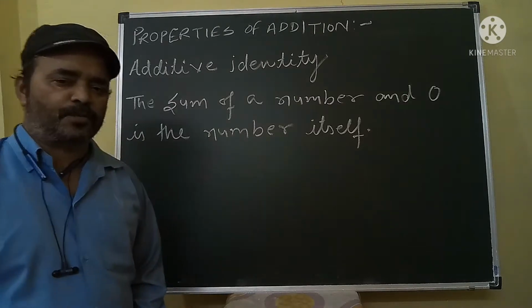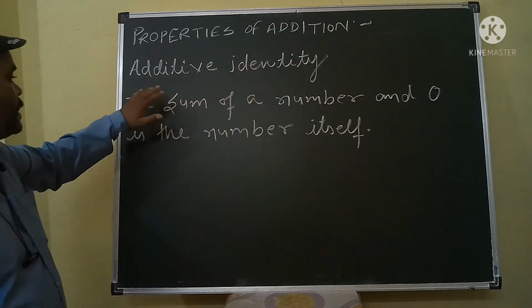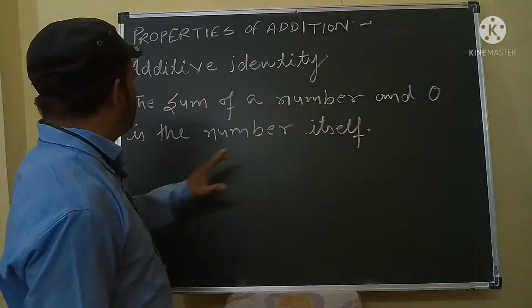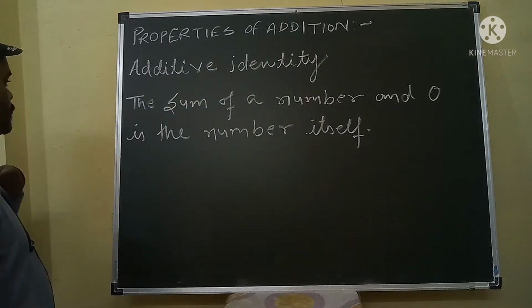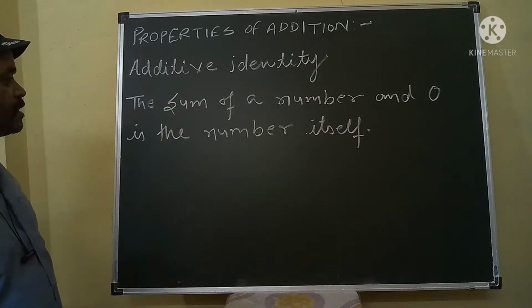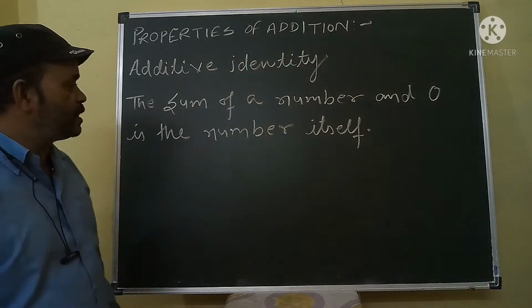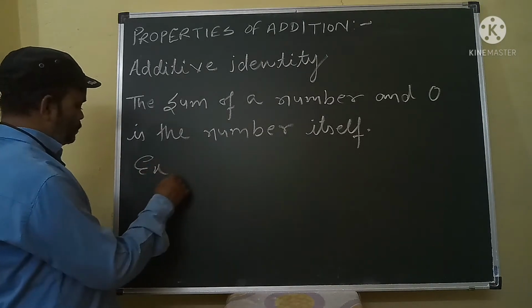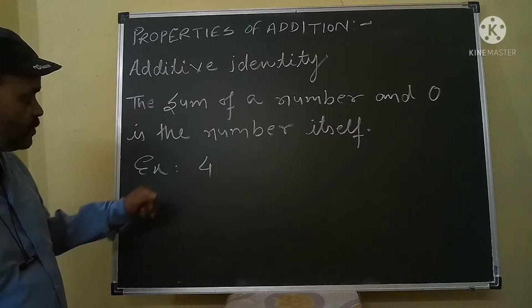Now, your next property is additive identity. That means the sum of a number and 0 is the number itself. For example, suppose this is 4.